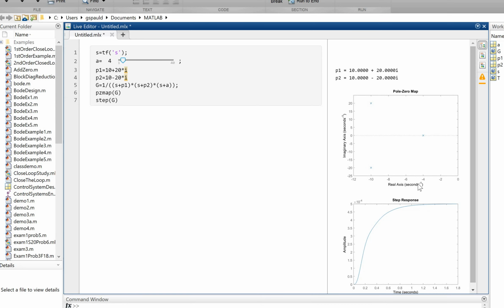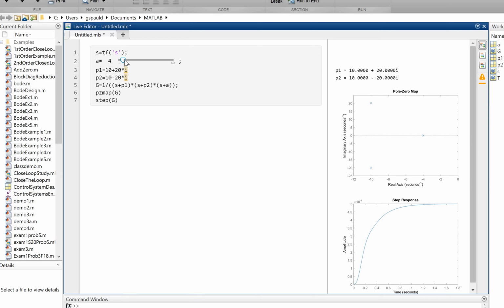We can still see we're almost primarily dominated by this real pole on the real axis. The complex poles are starting to play a little part in here. You can see some distortion of the time domain response due to the complex poles starting to play with the response. But it's still primarily dominated by this real pole.